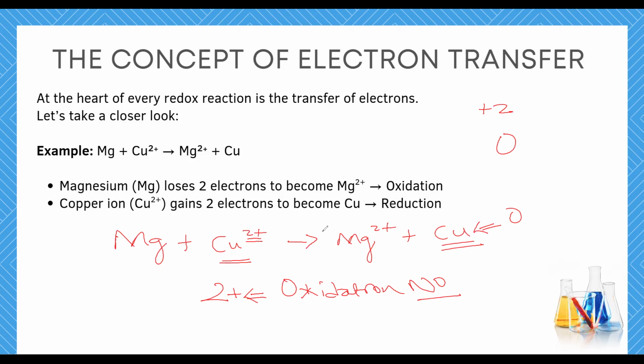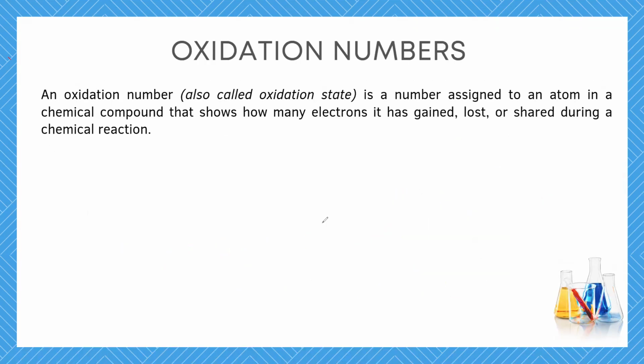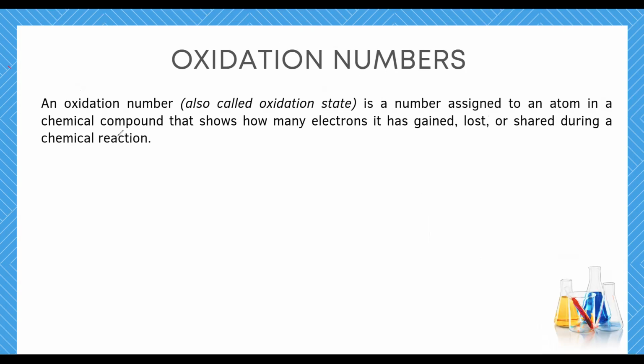Now let's get back to the definition that we're talking about. An oxidation number is a number that is assigned to an atom in a chemical compound that shows how many electrons it has gained, how many electrons it has lost, or how many electrons it has shared during a chemical reaction.